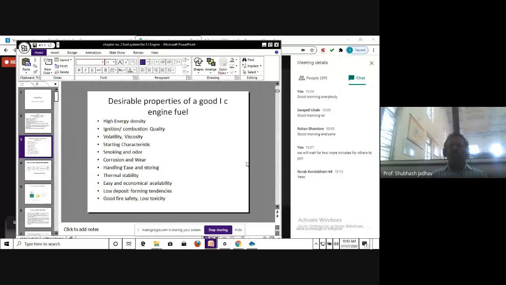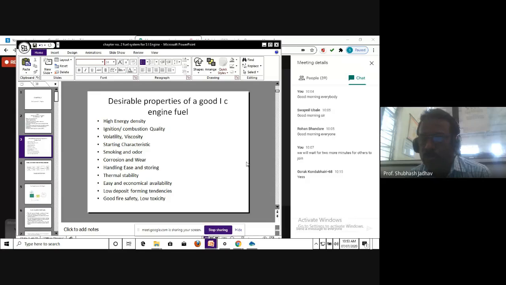For example, I will go back to the same example I discussed initially about the wooden log and the waste of the bajra. We know that the bajra waste is very easy to burn, while the wooden log will not easily start burning. So that is where we call the starting characteristics. Here we are talking of the fuel which can be used in an engine, which can easily start its burning or is difficult to start its burning.